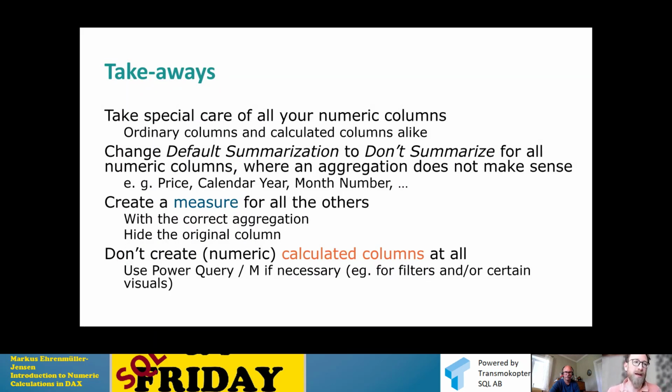Only use calculated columns if it's really necessary. Sometimes you have to filter on something like the result of a calculated column, and you cannot filter on a measure, or some visuals do not allow you to put a measure into one of the fields. They only allow calculated columns. Then you have, of course, to come up with the calculated column. But otherwise, stay away from calculated columns. That would be my first tip here.